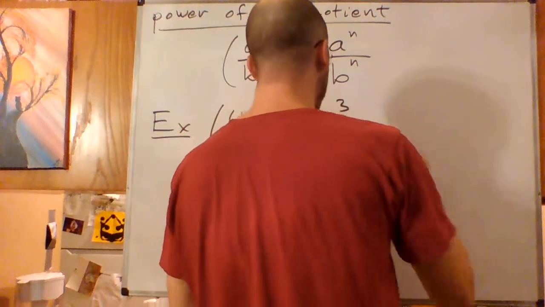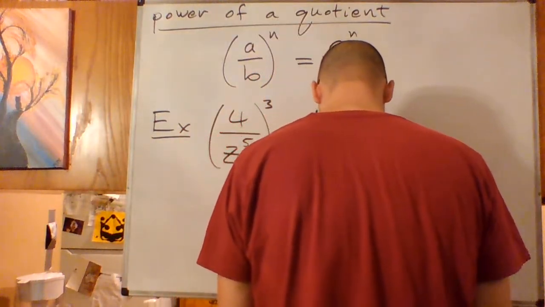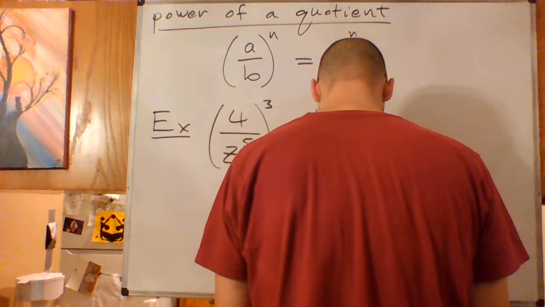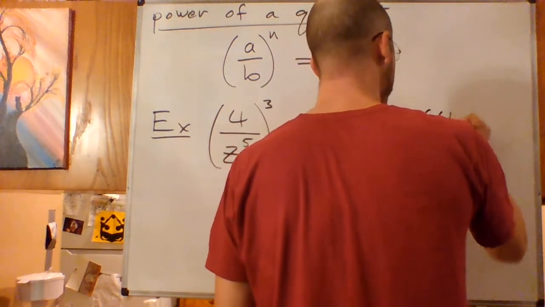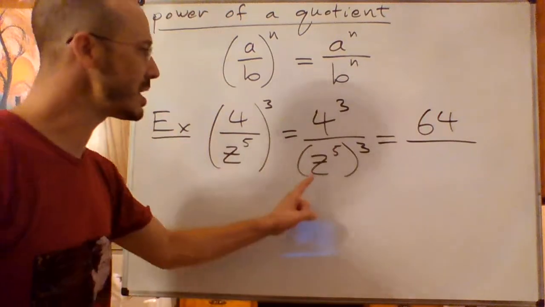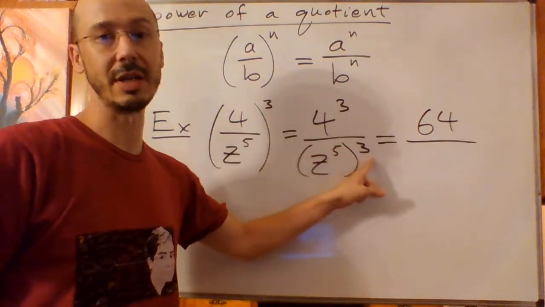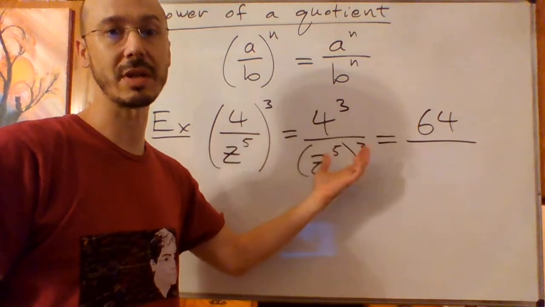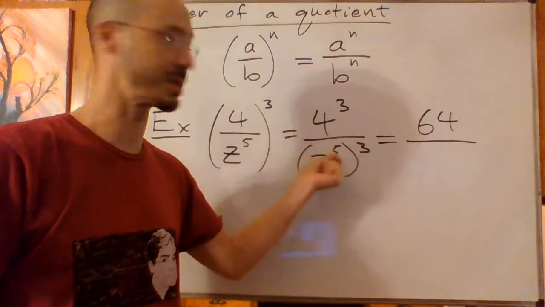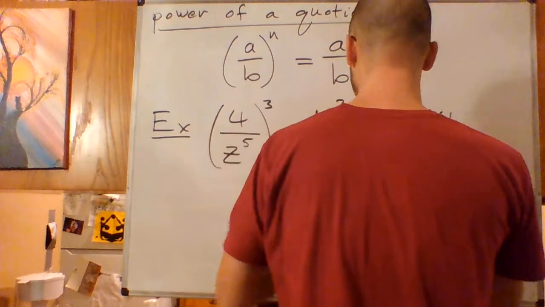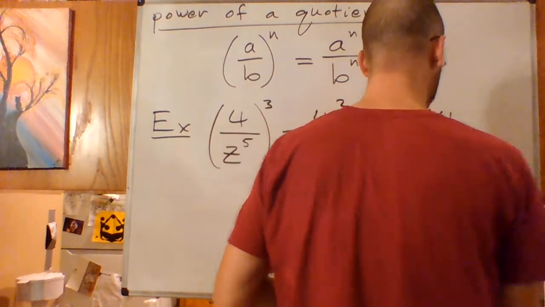Then 4 to the 3rd is 64. Z to the 5th to the 3rd is z to the 5 times 3. It's a power to a power. That's the power rule. I need to multiply those exponents. Z to the 5 times 3 is 15. And that's it.